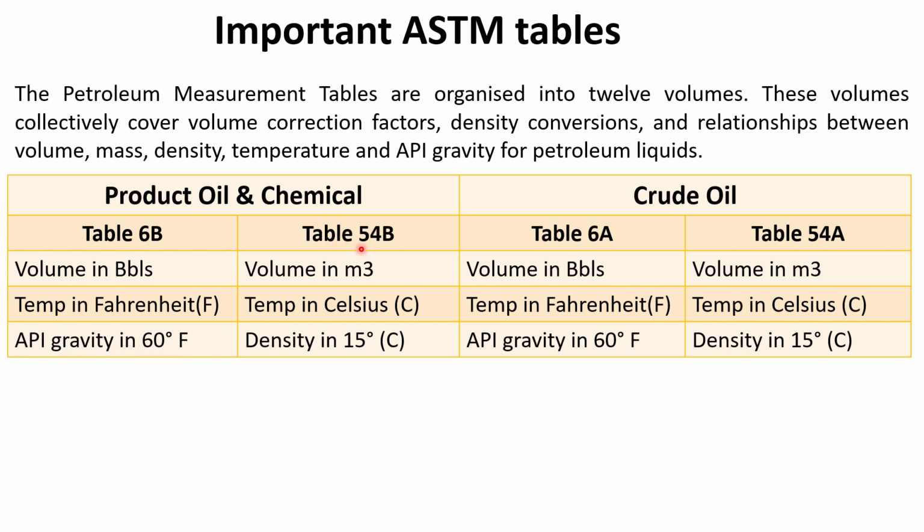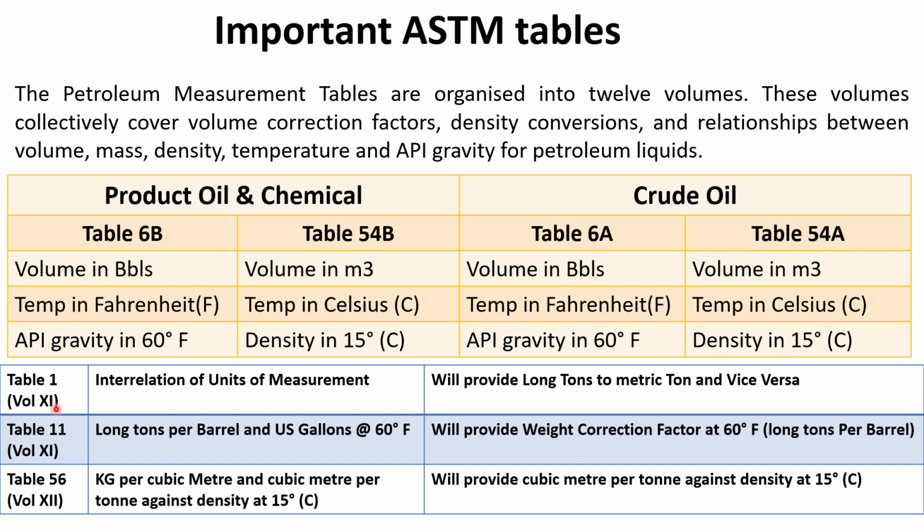Whereas table 54B will give you volume in meter cube, temperature in Celsius, and density at 15 degrees. So we can see that API gravity is another way of giving you density. Whereas if you are using table 6A, you'll get volume in barrels, temperature in Fahrenheit, API gravity at 60 degrees Fahrenheit. And if you use table 54A, you will get volume in meter cube, temperature in Celsius, density at 15 degrees Celsius.